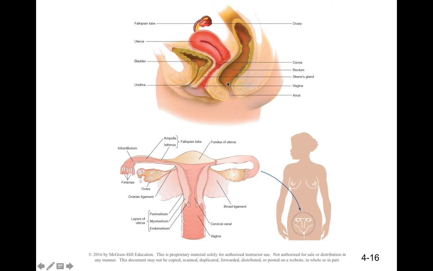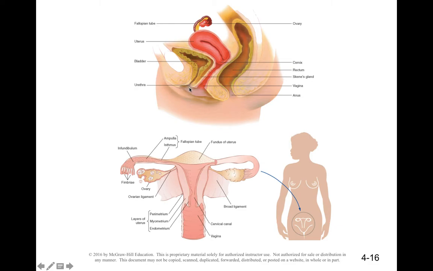So it's important to notice from the front to the back, everyone pay close attention. At the front you would have the clitoris first, then you would have the urethral entrance, then the vaginal entrance, and then the anal entrance.